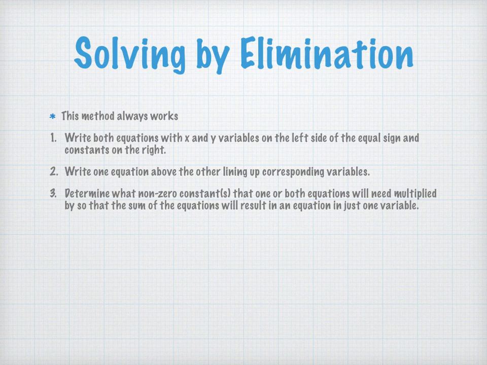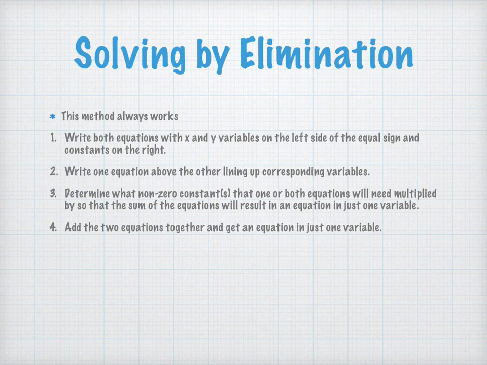Step 3 is the tricky part. You determine what non-zero constant or constants that one or both equations will need to be multiplied by, so that the sum of the equations will result in an equation in just one variable. Once you've found that, you multiply it in and then add the two equations together to get an equation in just one variable.